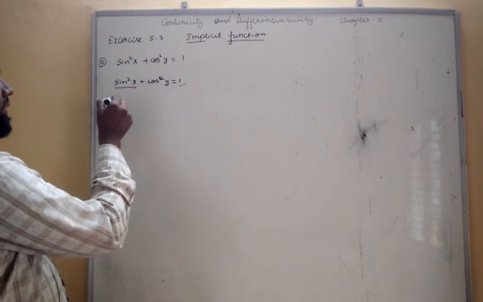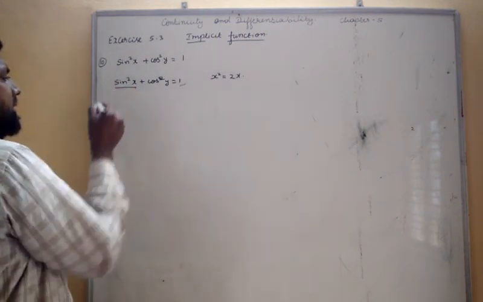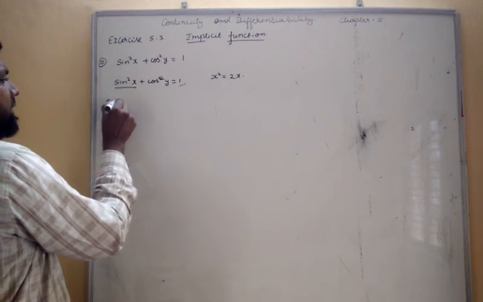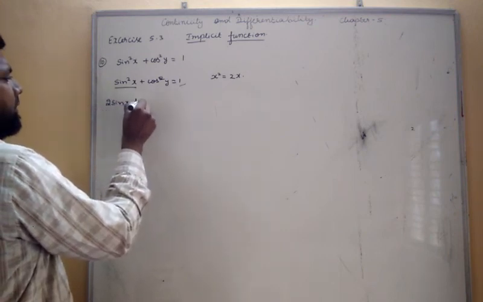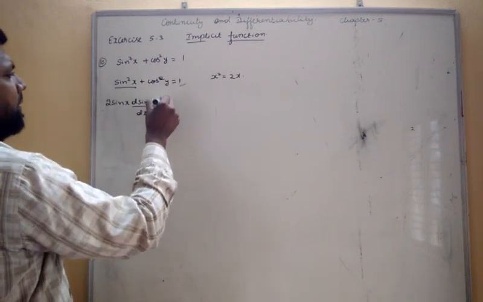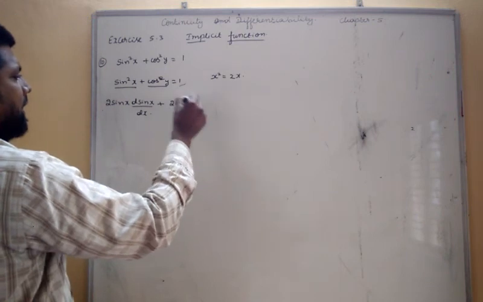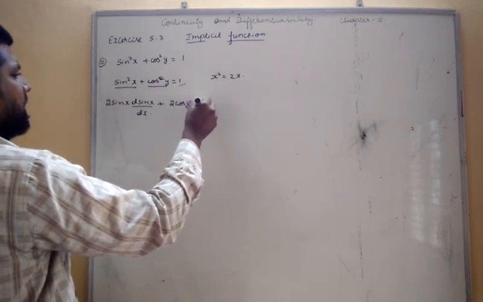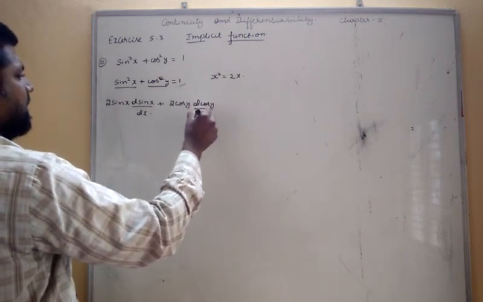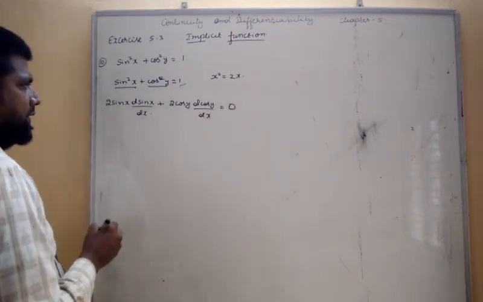So we know x squared differentiation is 2x. In the place of x, here sin x is there, so 2 sin x, and again the differentiation of sin x. Plus cos squared y means 2 cos y, again the differentiation of cos y, is equal to 0, since the differentiation of 1 is 0.